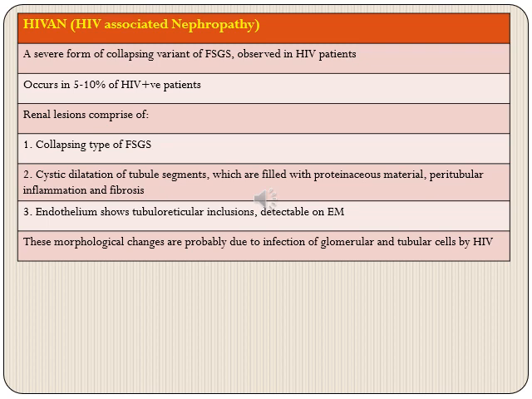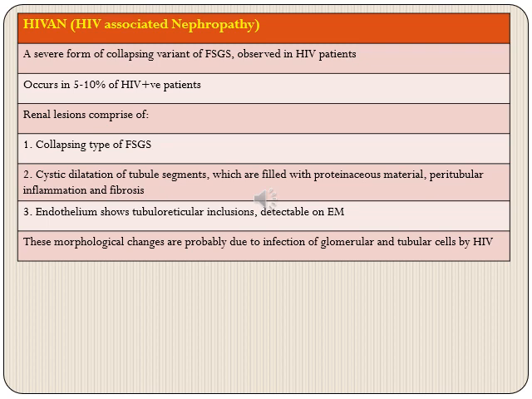Then just a word about HIVAN, or HIV associated nephropathy. This is a severe form of collapsing variant of FSGS observed in HIV patients. This occurs in 5 to 10% of HIV positive patients, and the renal lesions comprise a collapsing type of FSGS where the glomerular capillary loops are completely collapsed.